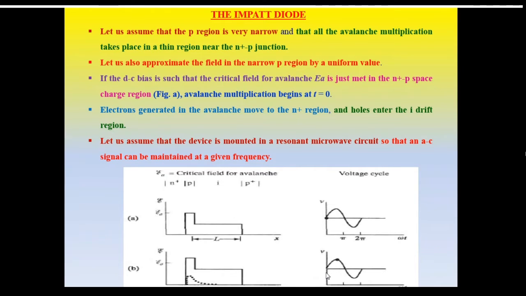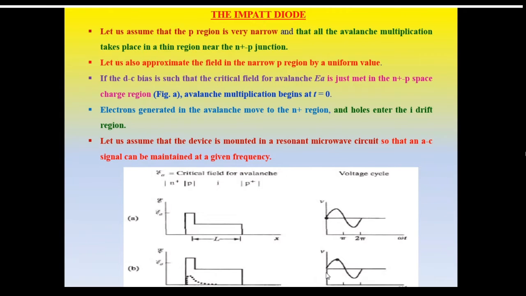After that, let us also approximate the field in the narrow p region by some constant, uniform value. So if the DC bias is such that the critical field for avalanche action is just met in the n plus p region, it means the avalanche multiplication begins at t equals 0, from the beginning.